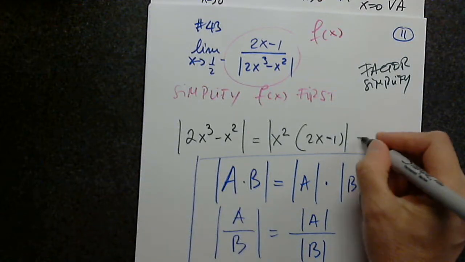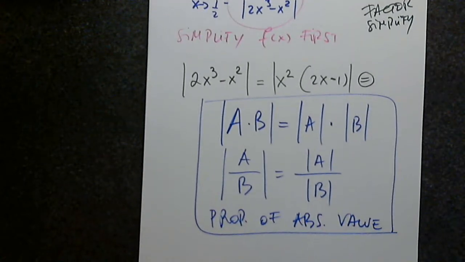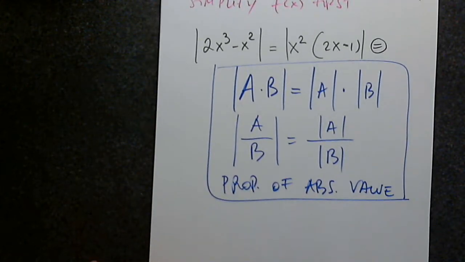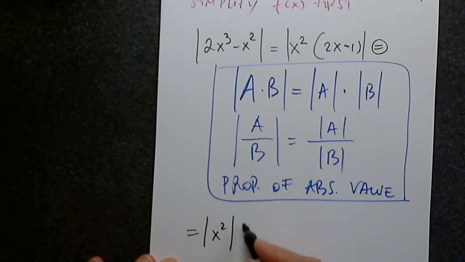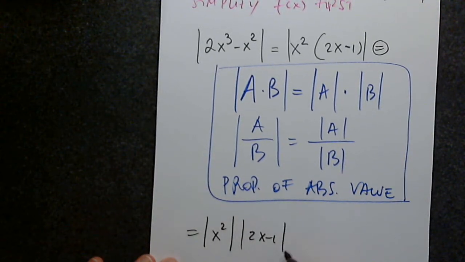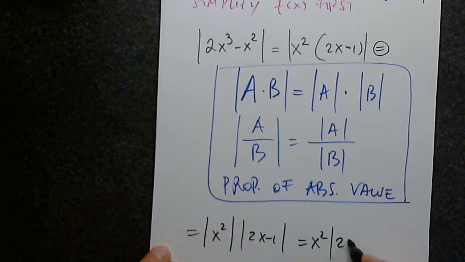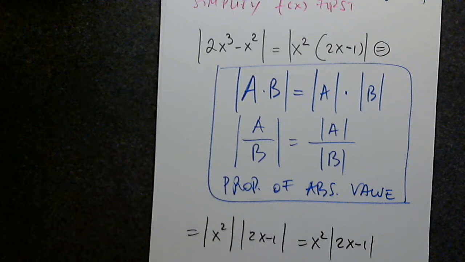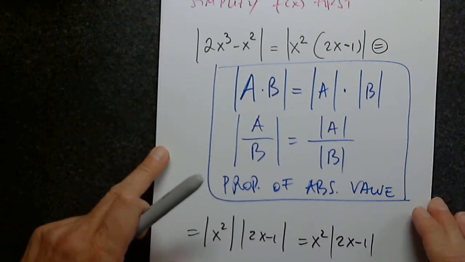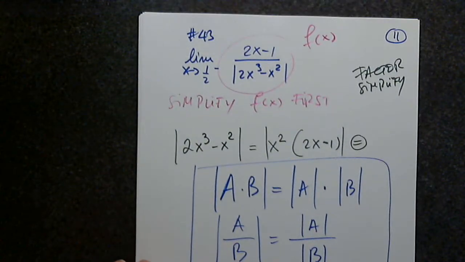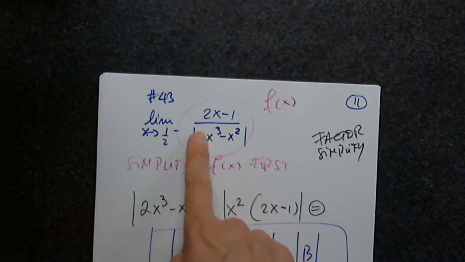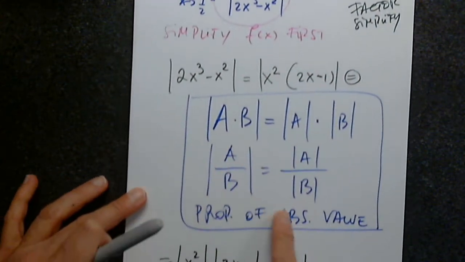Okay, so then I will definitely use the first property and write the absolute value of x squared times the absolute value of 2x minus 1. But do I really need the absolute value of x squared ever? No, I do not. So all this work, I didn't even get anywhere yet, was to simplify this as much as possible.